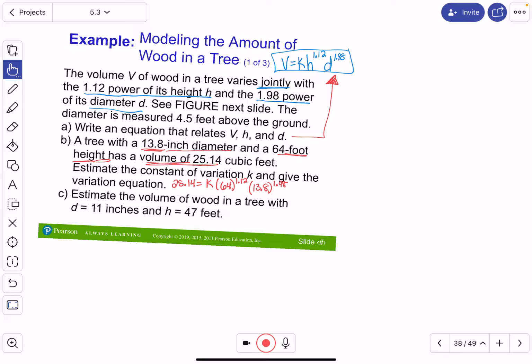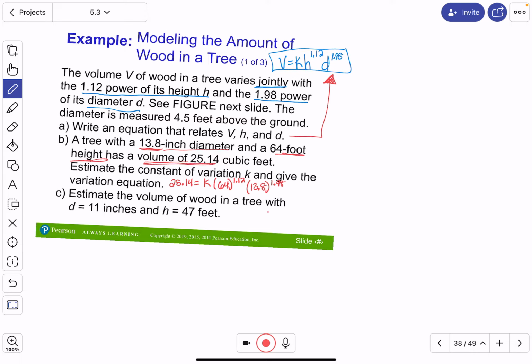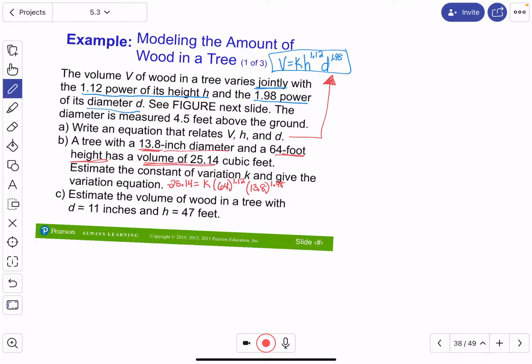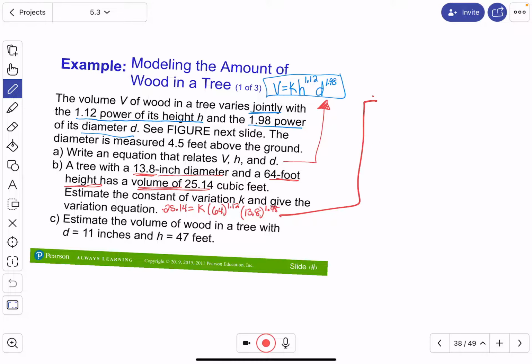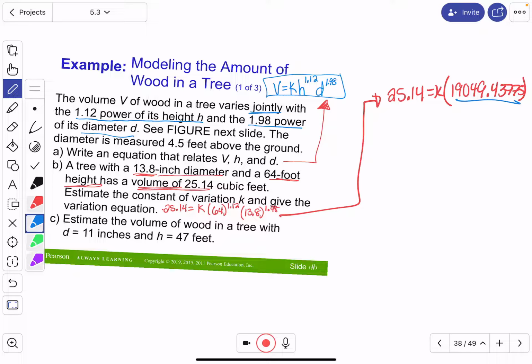If I put that in the calculator, I get 25.14 equals K times 19049.43775. We're going to divide both sides by this, and we get K equals 0.00132.